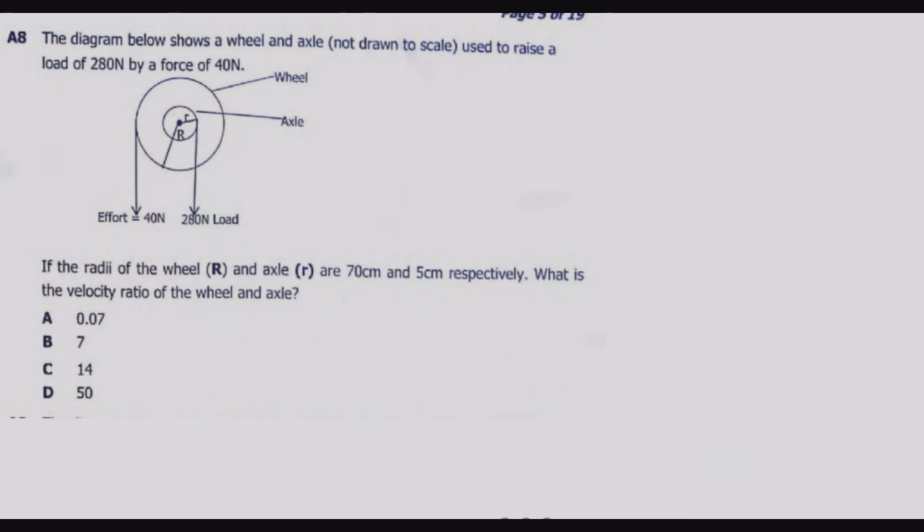The diagram below shows a wheel and axle, not drawn to scale, used to raise a load of 280 newtons by a force of 40 newton. If the radii of the wheel R and axle small r are 70 centimeter and 5 centimeter respectively, what is the velocity ratio of the wheel and the axle?